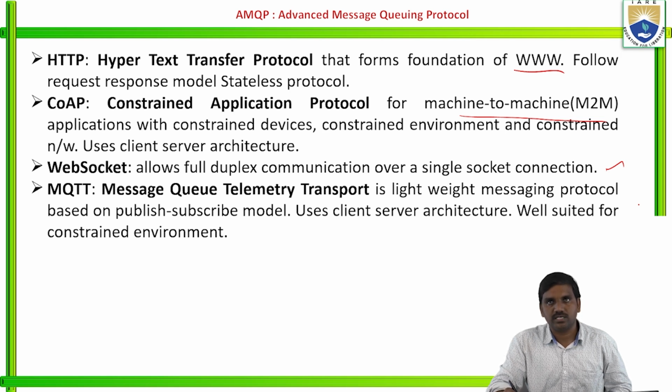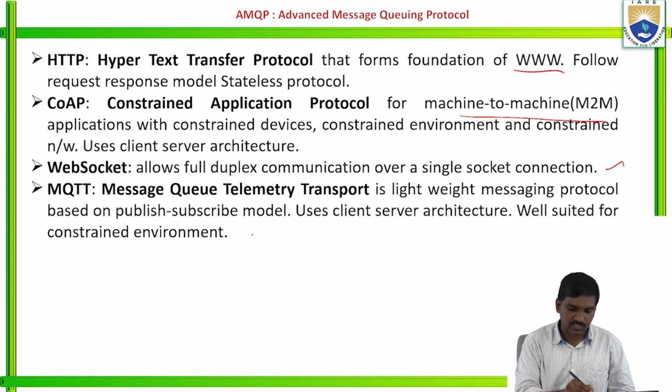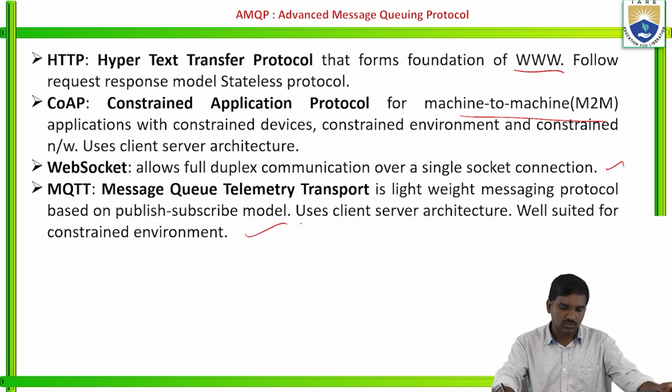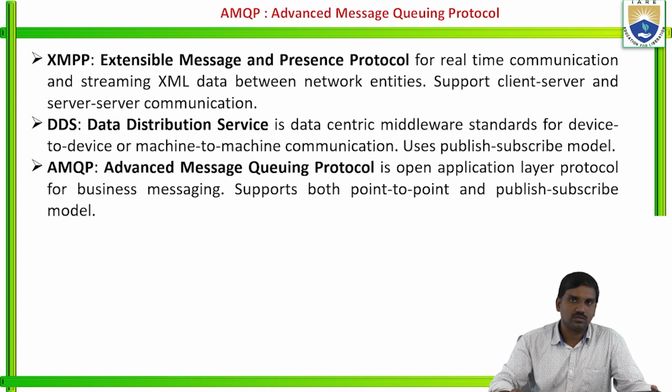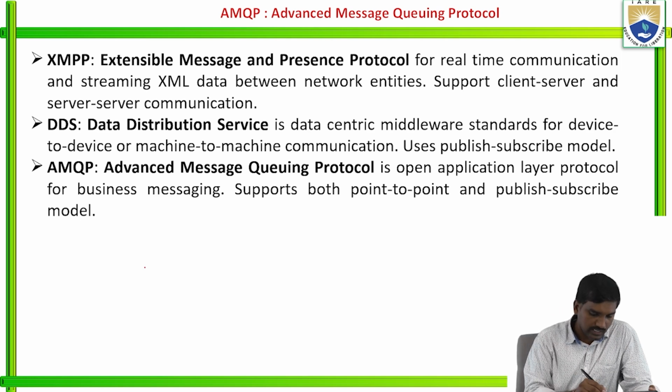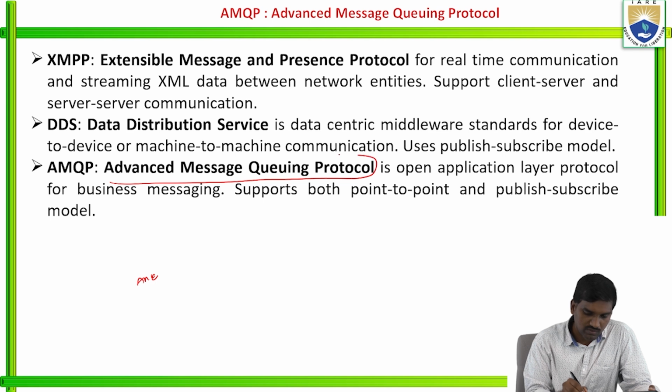And Message Queuing Telemetry Transport follows the publish-subscribe communication model, which uses the client-server architecture. So these are the four elaborations, and then XMPP, DDS (Data Distribution Service), and AMQP. AMQP stands for Advanced Message Queuing Protocol, very important.